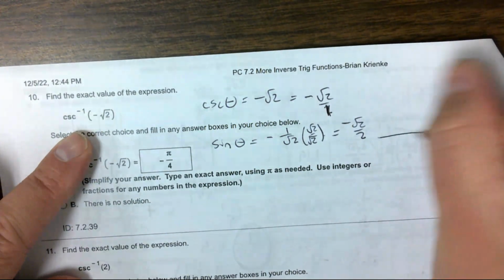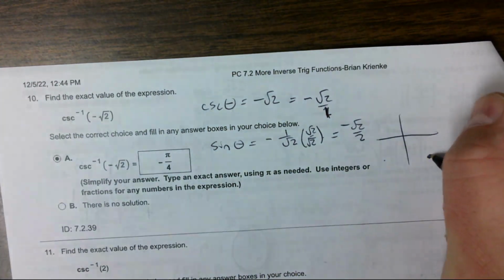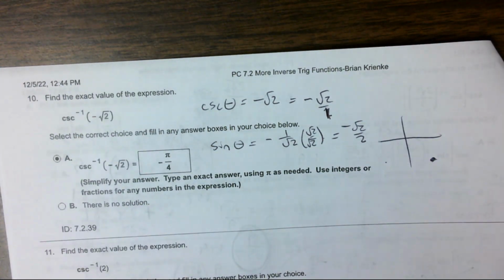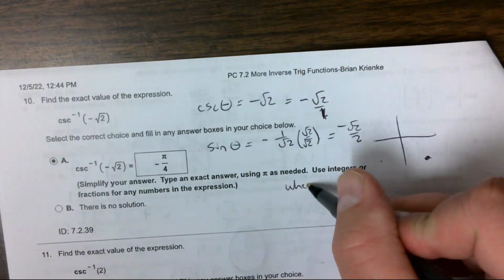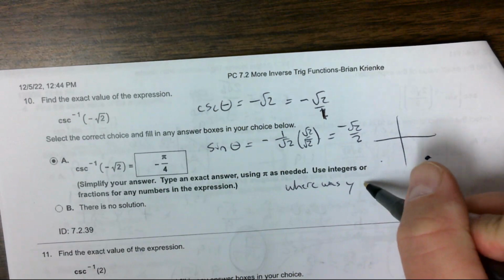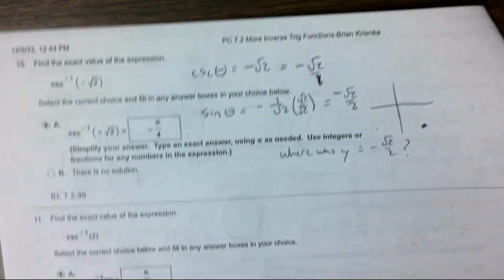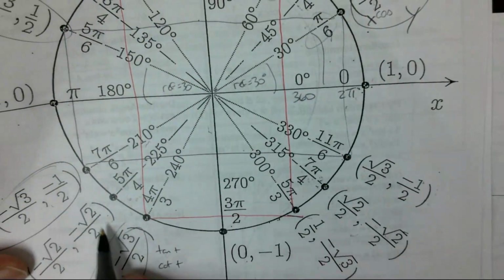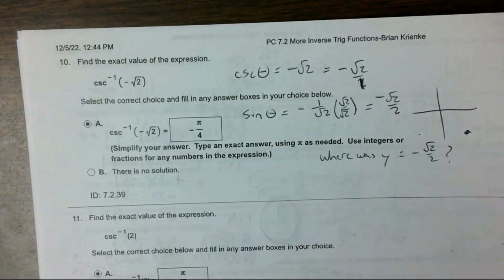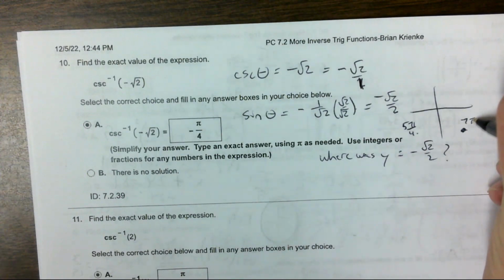Where does that happen? Down here and down here. We want to be over here. Well, where was y equal to negative square root of 2 over 2? Over here at 7 pi fourths, or over here at 5 pi fourths? 5 pi fourths and 7 pi fourths.